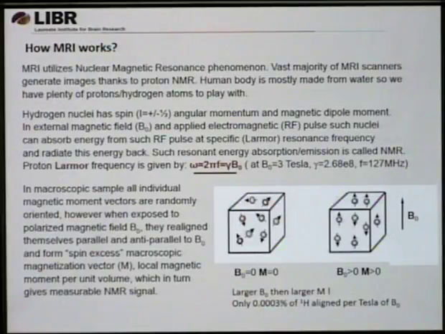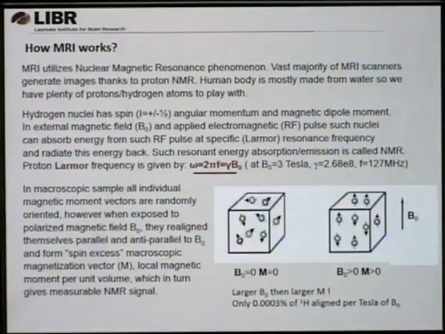Although our planet has a magnetic field, it is very weak. So I'm theoretically inside the magnetic field of planet Earth, but this field is so weak that all those spins, or hydrogen atoms, are completely randomly oriented within me, within you, within the water tube. So essentially, I don't have any measurable signal.